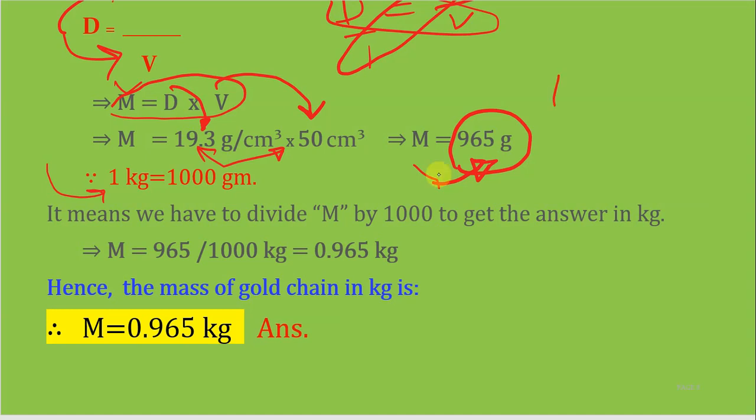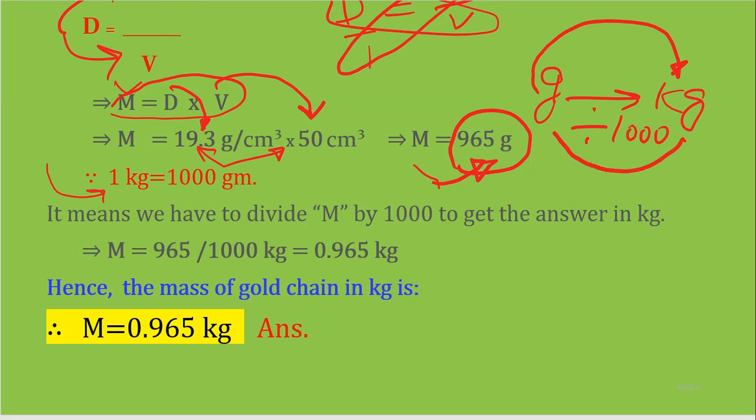That is the relation, because you are going from a smaller unit to a larger unit, so you have to divide. If you want to convert kilogram to gram, then in this scenario you have to multiply by 1000. So here we have to convert gram into kilogram, that's why we have to divide by 1000.